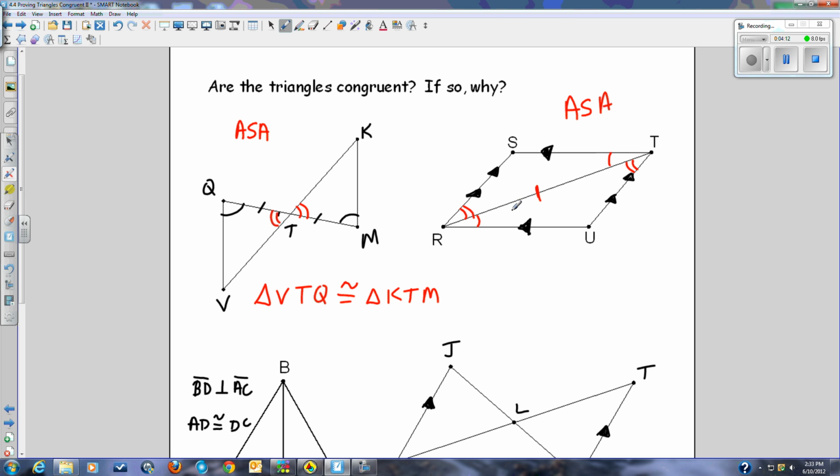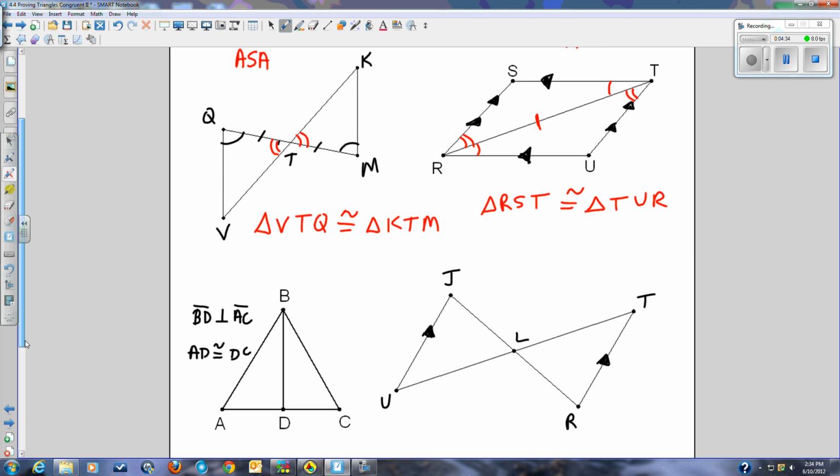And now we have our congruent statement. So we want to say that triangle RST is congruent to triangle TUR. Let's move on.